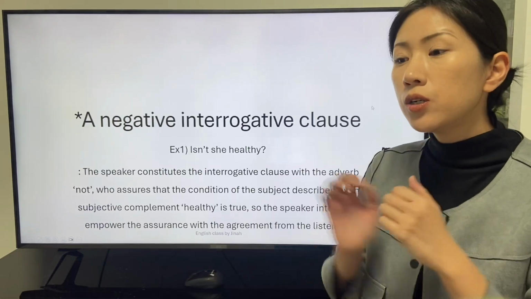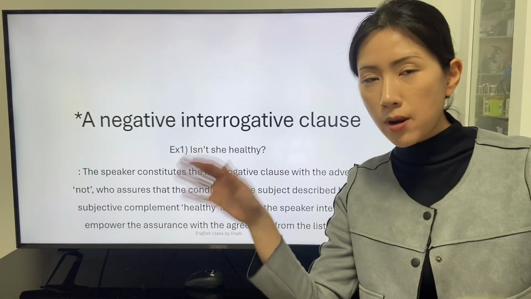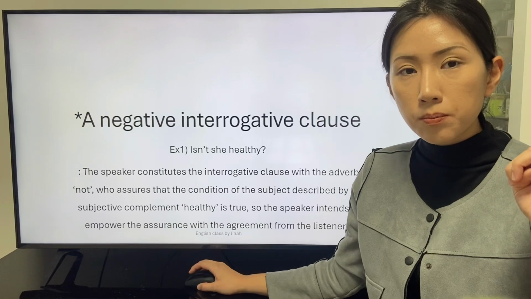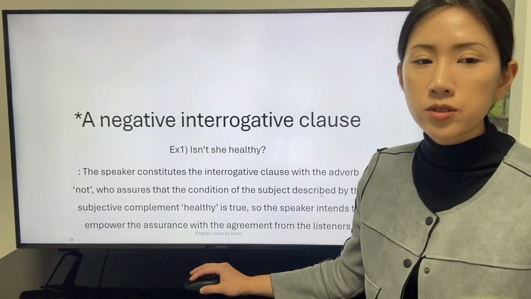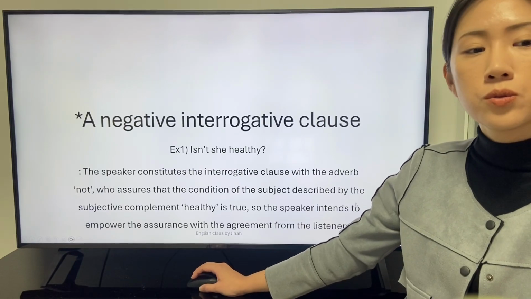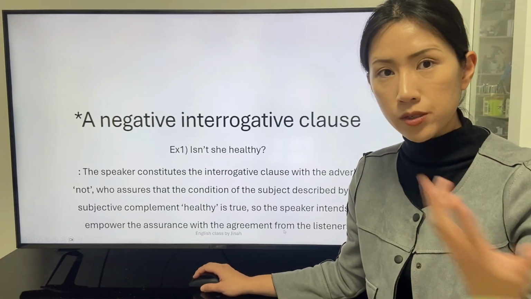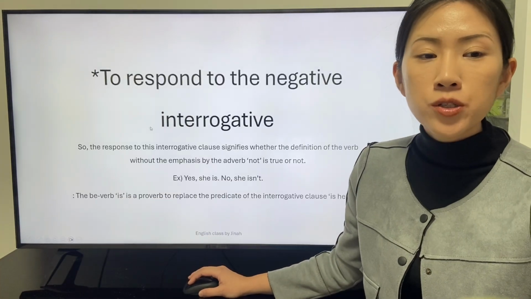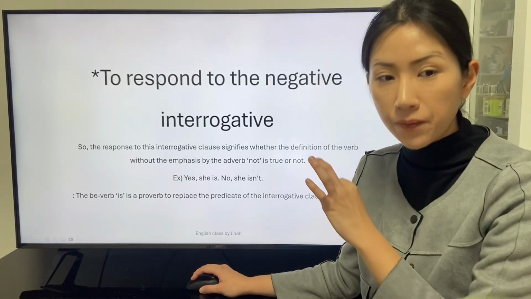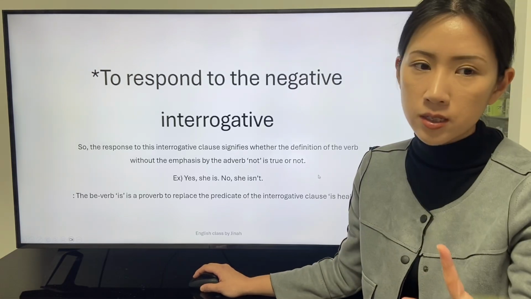The speaker sets the premise that the subject, indicated by the personal pronoun she, is healthy. But the speaker constitutes the interrogative clause with the adverb not to empower the assurance with the agreement from the listeners. So the response to this interrogative clause signifies whether the definition of the verb without the emphasis by the adverb not is true or not.